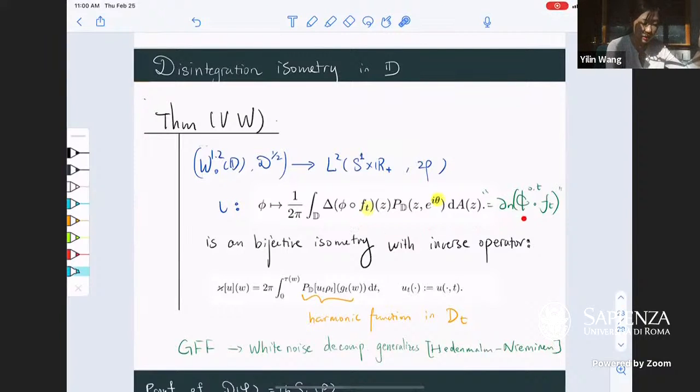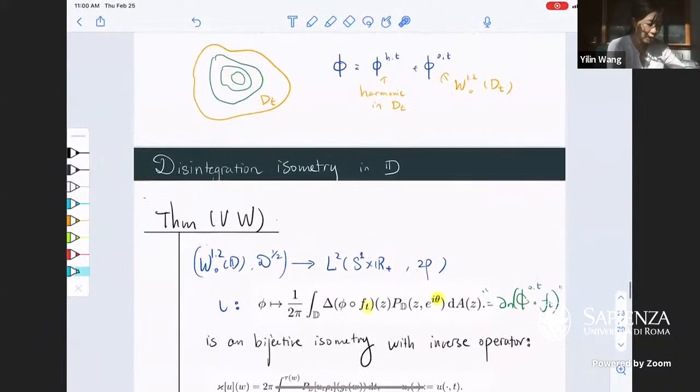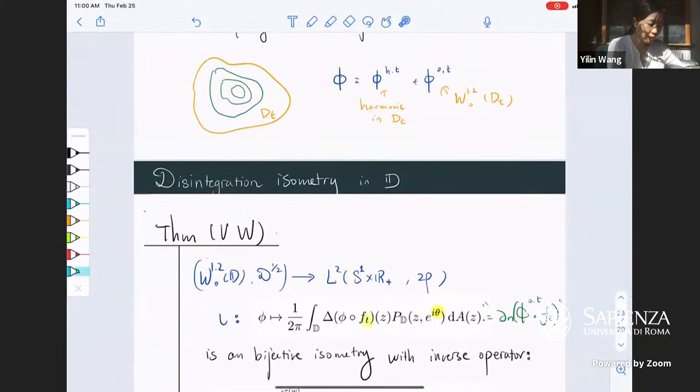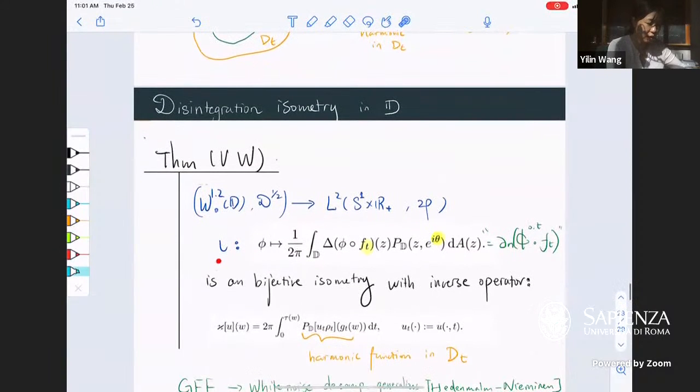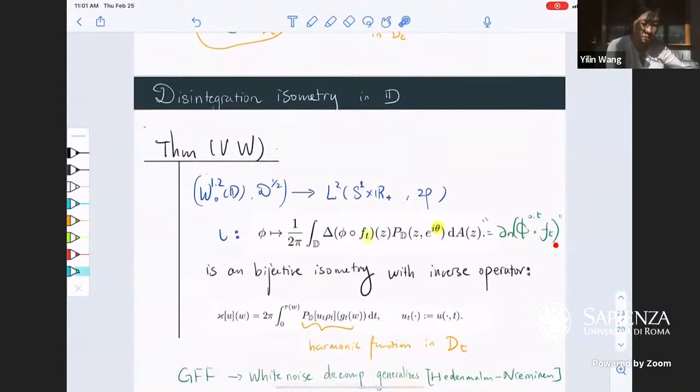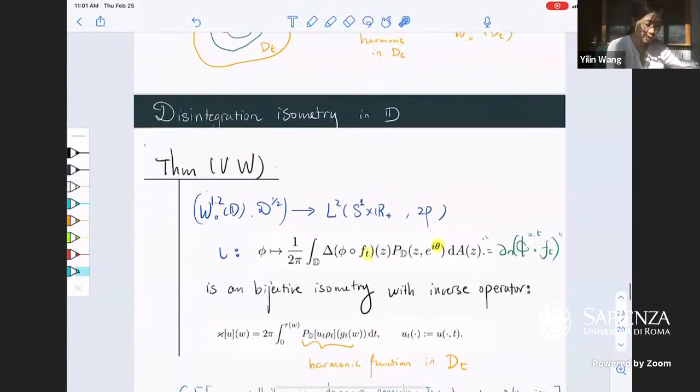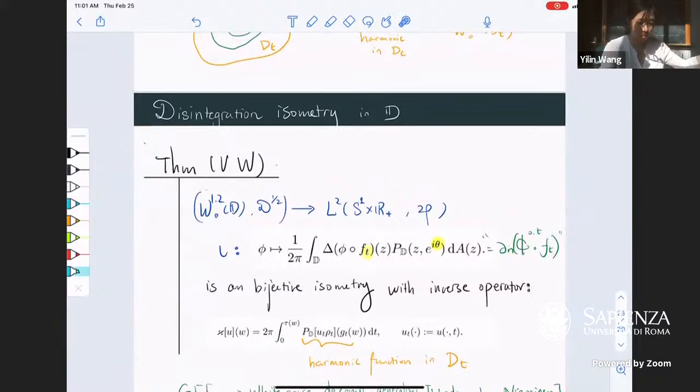If you look at the field, you can decompose the field inside the domain D_t into its harmonic part and zero trace part. This function iota is the normal derivative of the zero trace part if I push it to the circle, and it is a function defined on the circle.